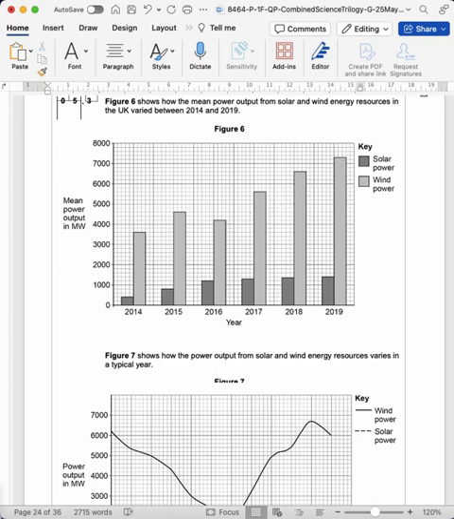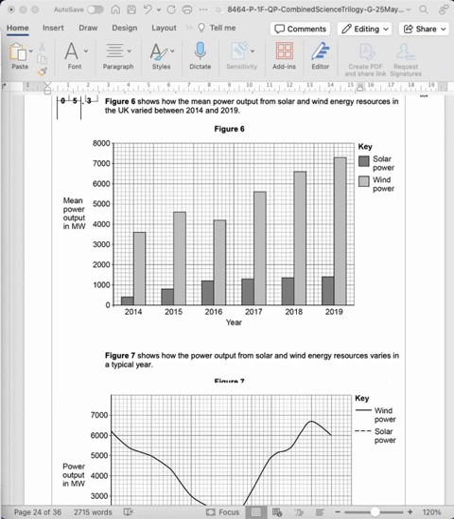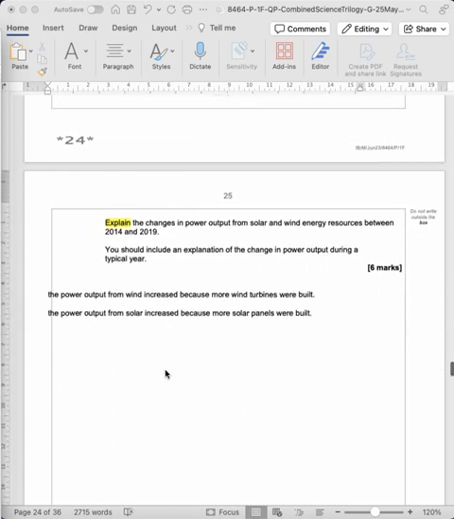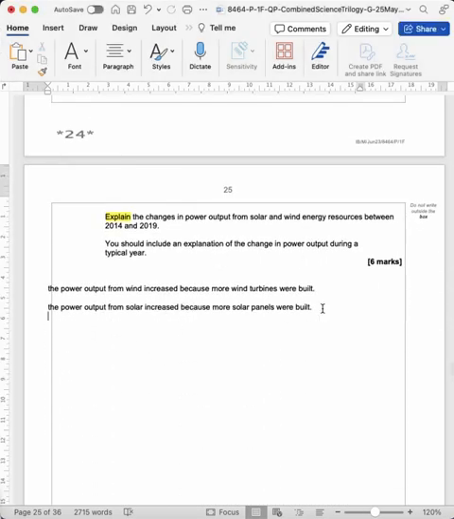So again, a reason for that, we could say, most probably, is because 2015 was windier than 2016. So again, it's just giving a description of what's happening in the graph, and a sensible reason. So wind power was lower in 2016 than 2015 because 2016 was less windy than 2015.